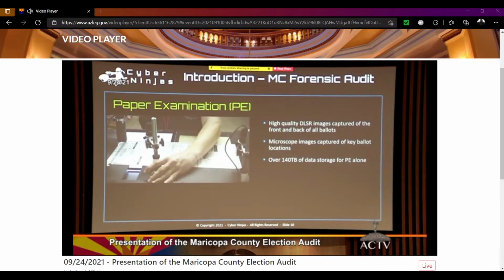We also had a microscope over certain parts of the ballot that would allow us to look at the paper fibers to help determine what type of paper was utilized. Now, when we were done with this, we actually had over 140 terabytes of data just from the paper examination alone. So we had massive amounts of data. In fact, with our camera footage and everything that ran the operation, we ended up with close to 2 petabytes of data.